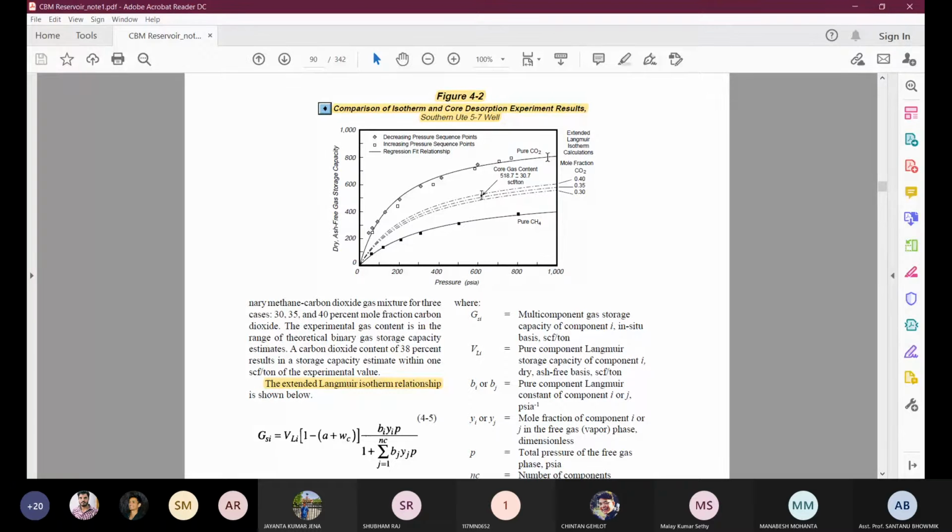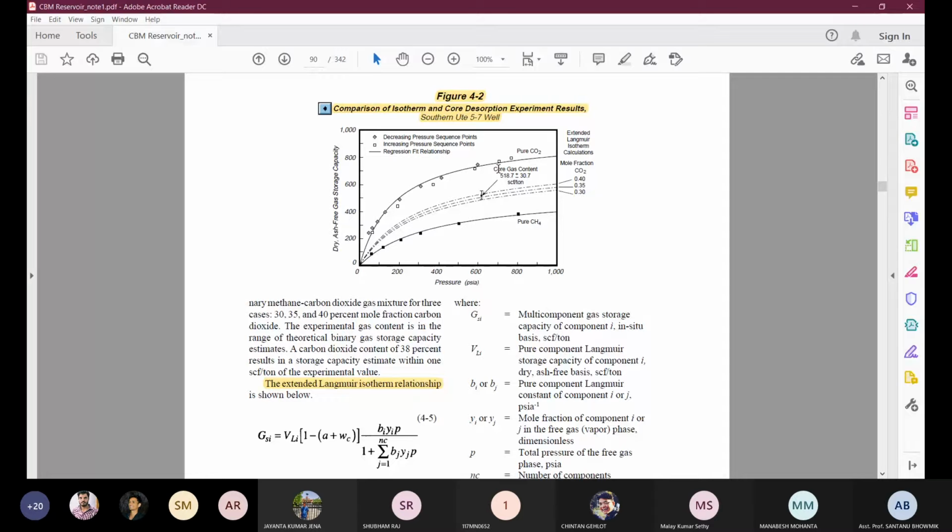As much as you reduce the pressure, you are not going to get that much proportionate gas, because to reduce the gas pressure from 1000 to 800, you have to come from this point to this point. But how much gas will you get with this pressure reduction? Only maybe some 50 SCF per ton, because the graph is more or less flat.